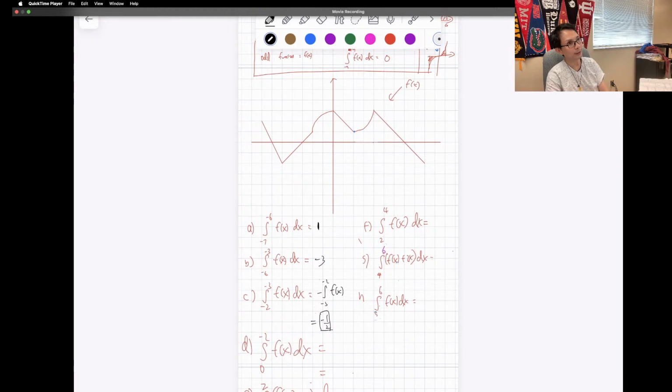Ethan, what do you think? -pi? Balin, what do you think? Oh, wait. It's negative. 2 pi over 4 plus 2. It's negative. I'm gonna nod as well. Gabby, what do you think? 2 pi over 2. I got that.